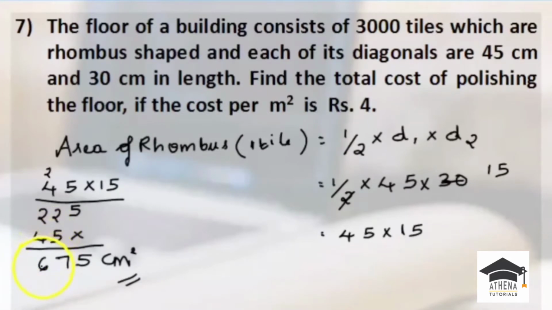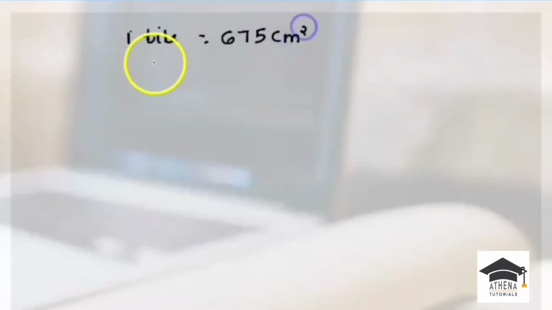The complete floor has 3000 tiles. So, the area of one tile we got to know that is 675 cm square. Now, let's find the total area, that is the area of 3000 tiles. So, one tile is equal to 675 cm square.